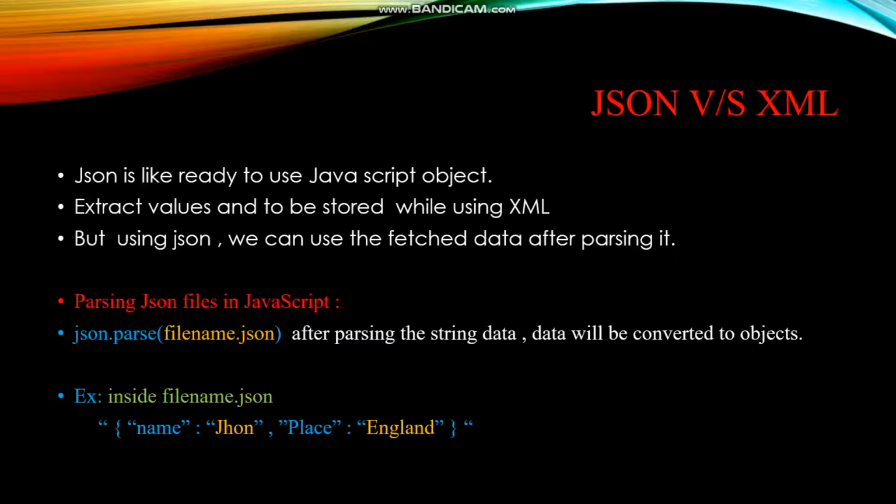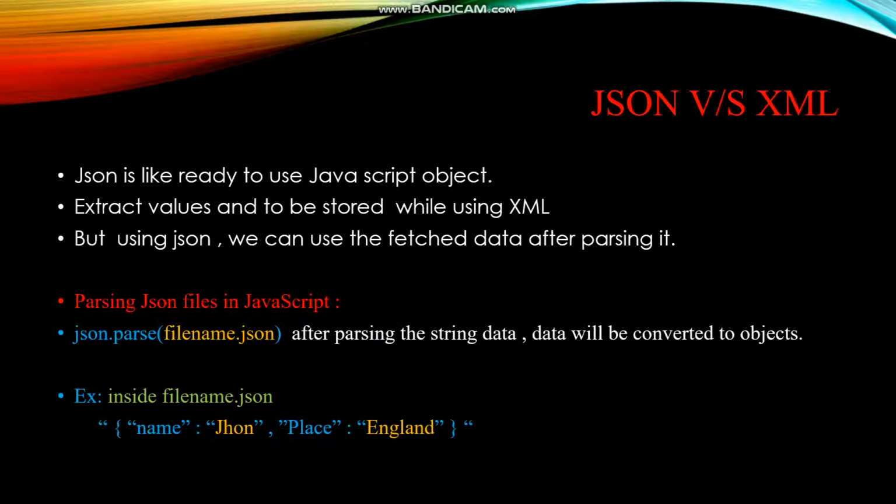While retrieving the data from the XML format, we have to extract the values first and we have to store them. But using the JSON, we can fetch the data after parsing it. I will show you a simple example, parsing JSON files in JavaScript.